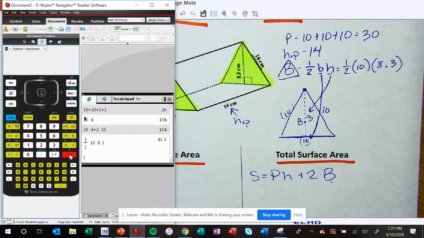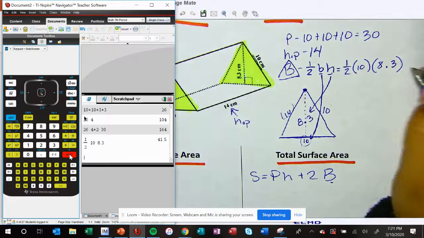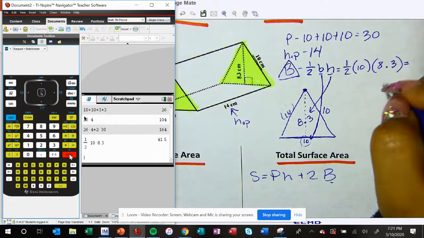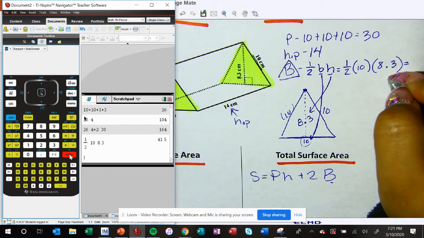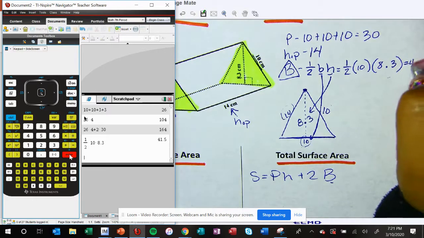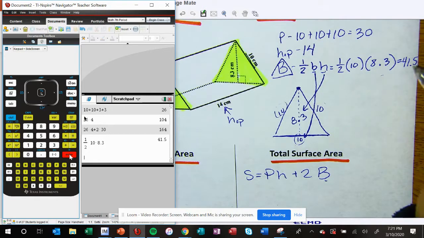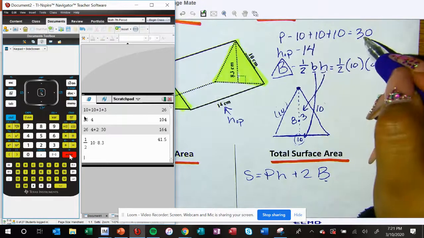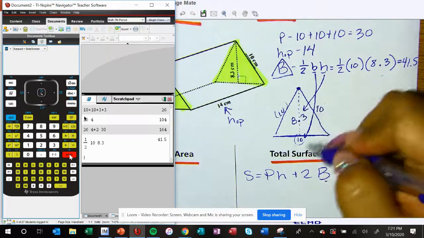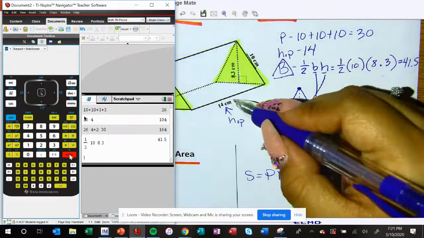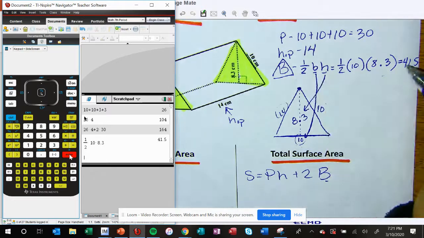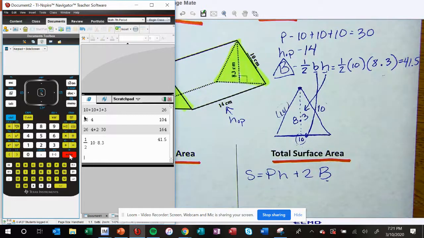And that gives me my B is equal to, I'm going to write it here, 41.5. Now, again, that is my B, just my B. So now I have my P, which is perimeter of the base, 10 plus 10 plus 10. The h, which was 14. And then the big B, which was 41.5.